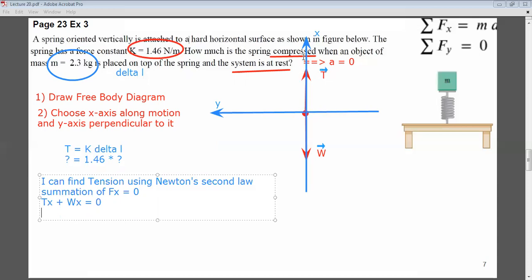Tx is all of T because it's along the x-axis and it's plus, so it's a plus T. Wx is all of it along the x-axis, but in the opposite direction, so it's minus W, equal to 0. So T is equal to W. T is equal to M times G. T is equal to 2.3 times 10. T is equal to 23 Newton.